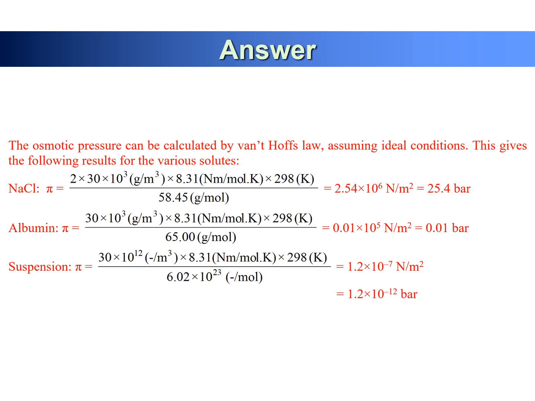This is the way we can calculate osmotic pressure, but seawater contains very different concentrations of salt in ionized forms, so we cannot really calculate a very detailed osmotic pressure.